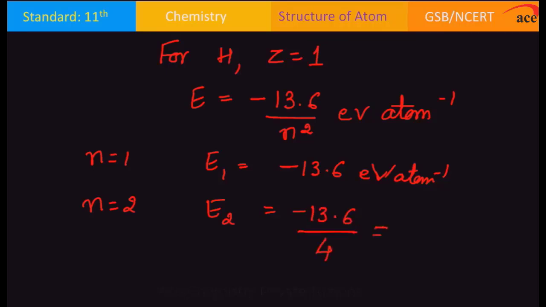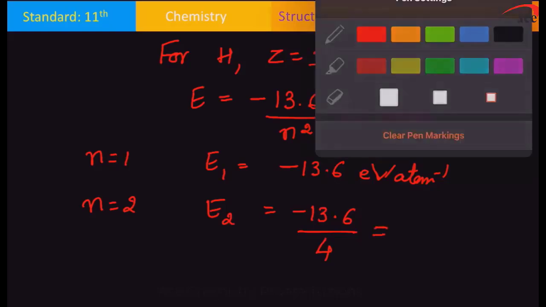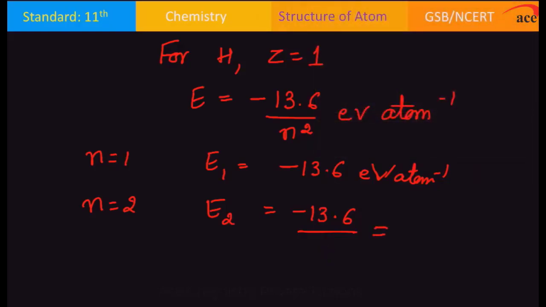Why? Because here you will be writing 2 squared. Correct. Okay, and when you solve this, your answer is correct with a negative sign.